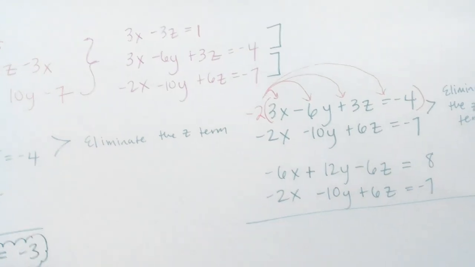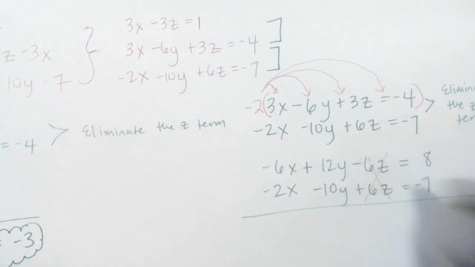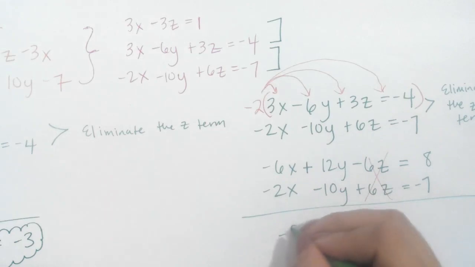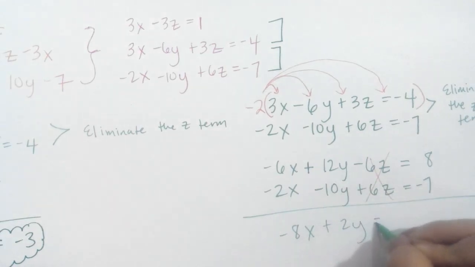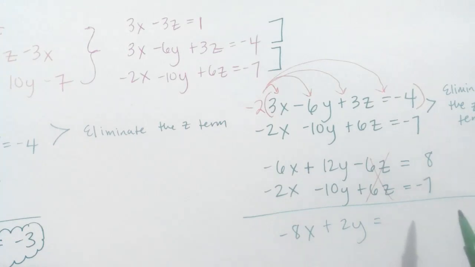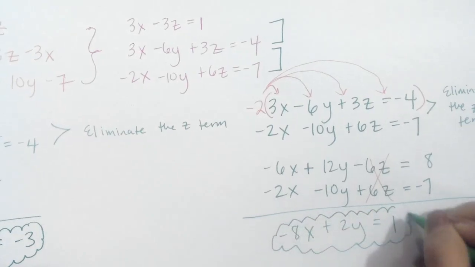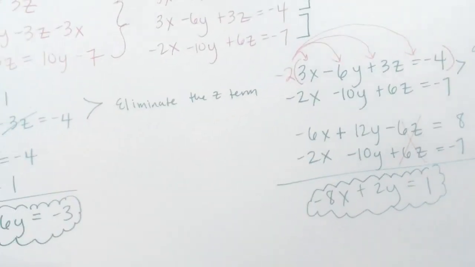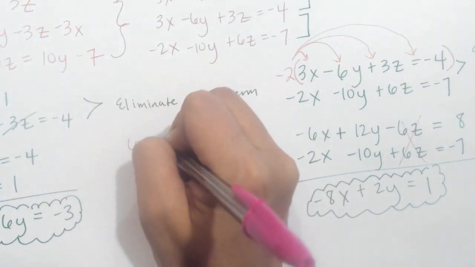Now I'm just going to combine. So my z's will cancel. So it's negative 8x, and then this is plus 2y equals 8 minus 7 gives us 1. And this is my second bubble equation. So now, let me get my pink pen, I'm going to compare the bubbles.